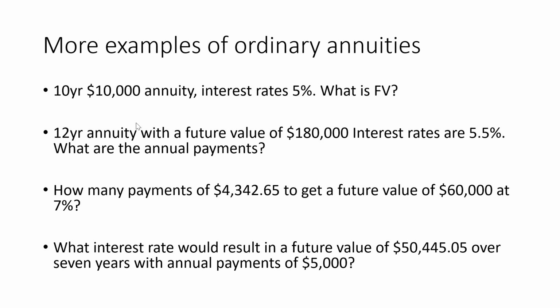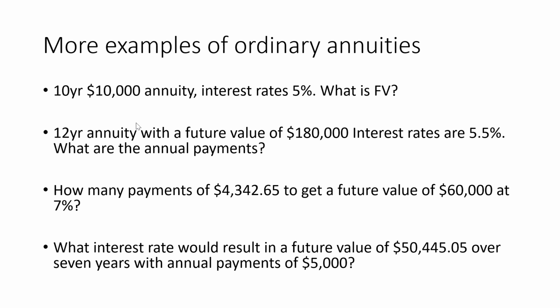Okay, next one, how many payments of $4,342.65 to get a future value of $60,000 at 7%? So we're given our payment, we're given our future value that we want to reach, our interest rate, and we're going to be calculating the number of years.